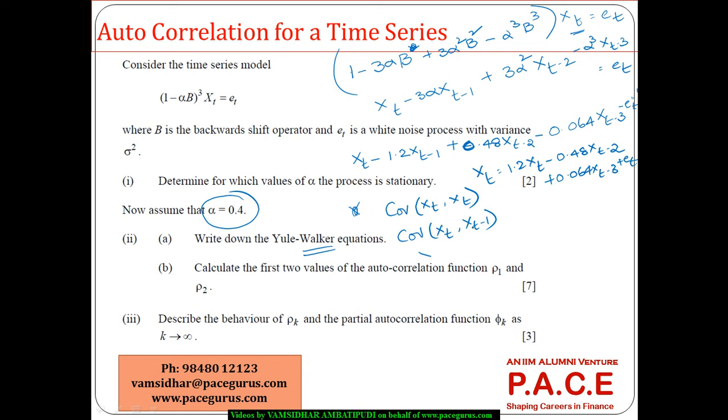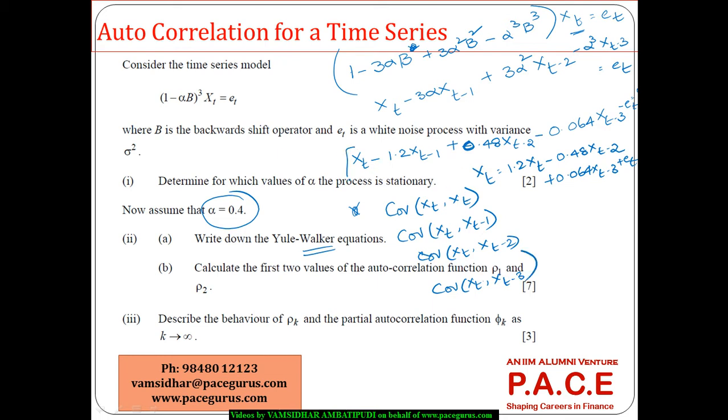Now we'll take the covariance with respect to each of the time lags: covariance between X_t and X_(t-2), and covariance of X_t and X_(t-3). So these will come out to be our expressions.